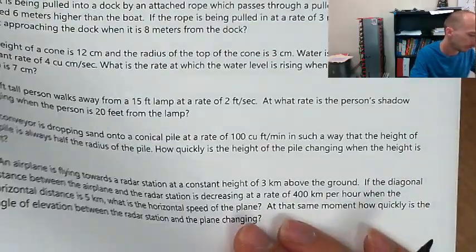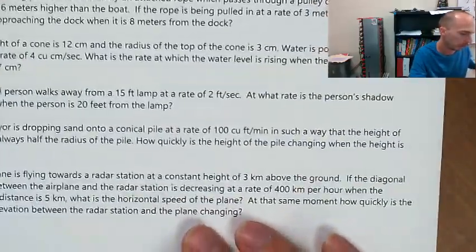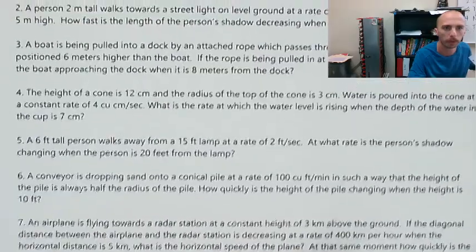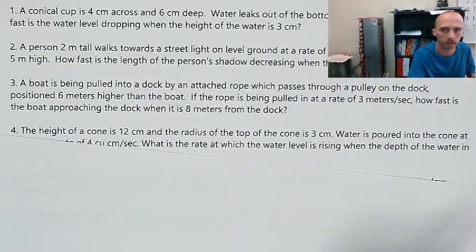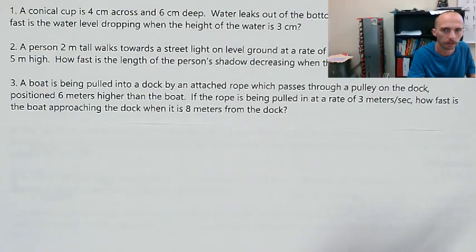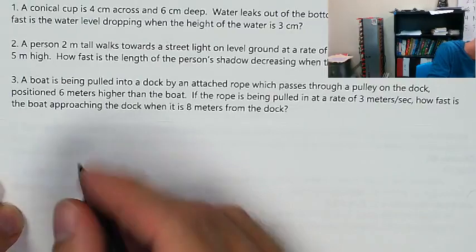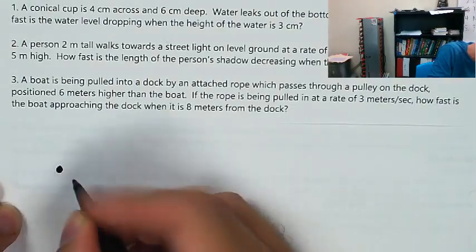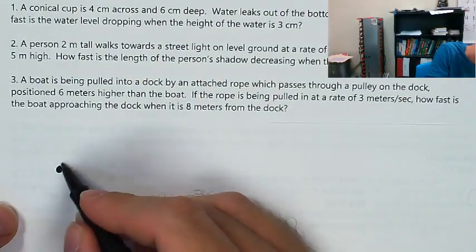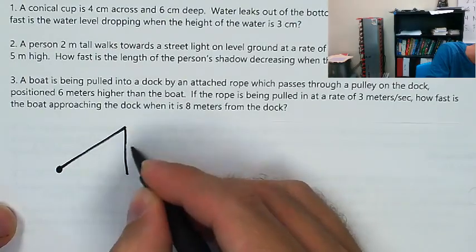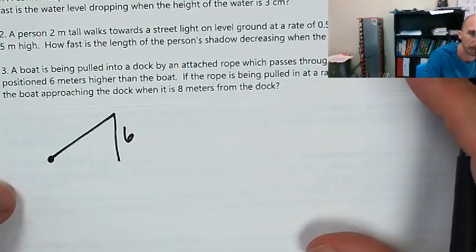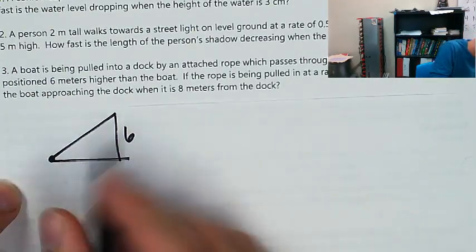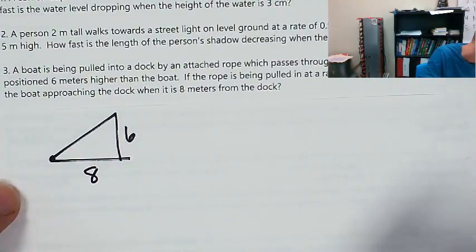Number 3, a boat is being pulled into a dock by an attached rope that passes through a pulley on the dock, positioned 6 meters higher than the boat. Okay, so this is going to be the front of the boat, and the pulley is up here, meaning this is a distance of 6, and 8 meters from the dock is going to be 8.